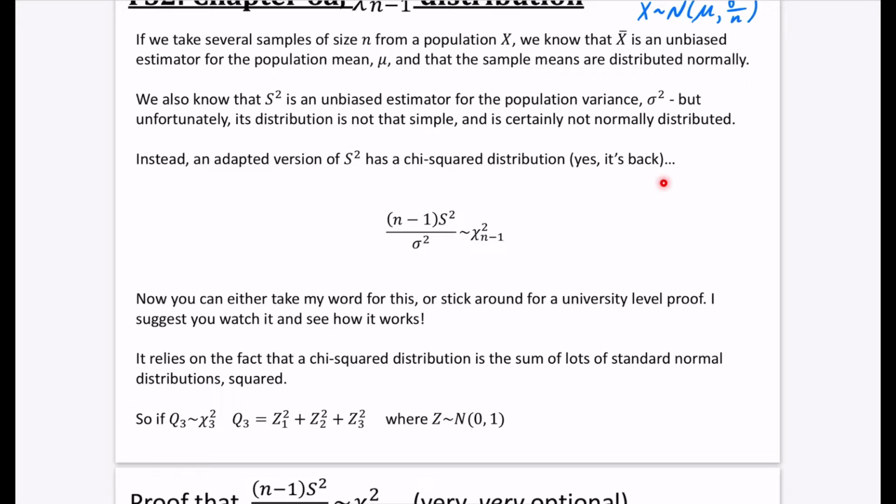Yes, it's come back from Further Stats 1. If you haven't learned it from Further Stats 1, you better know it right now, because we need to know the chi-squared distribution. So really bizarrely, if you take the sample variance, multiply it by n-1 and divide it by the population variance, then that thing has a chi-squared distribution with n-1 degrees of freedom.